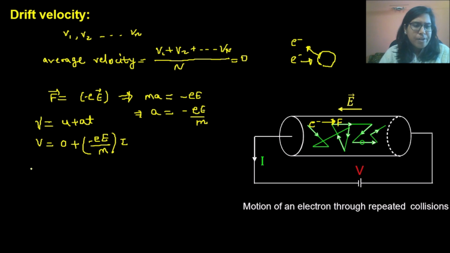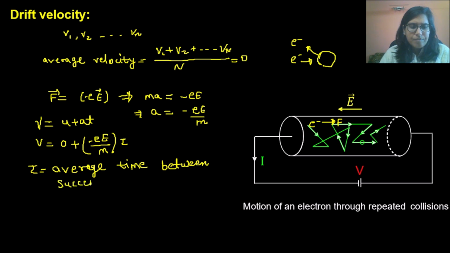and T is called the average time between successive collisions, because after collision its velocity will change.